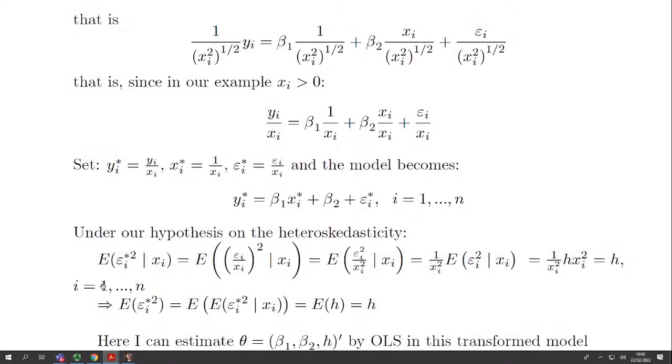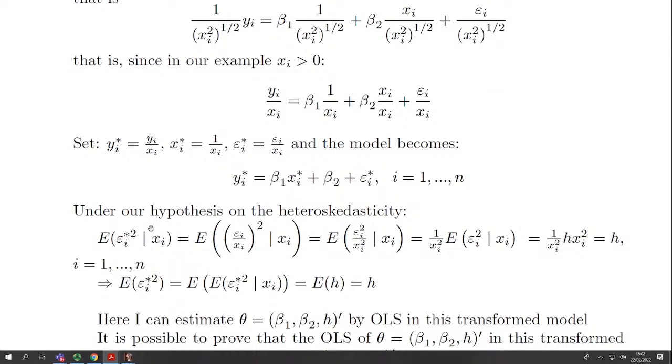So I'm computing the variance, conditioning on the household expenditure. I'm computing the variance of this term here, okay? So it will be the variance of the following ratio square given xi, that is the expected value of square numerator over square denominator, given xi.